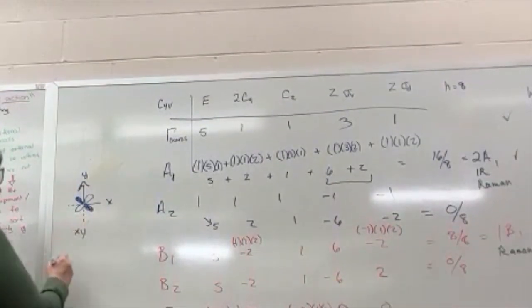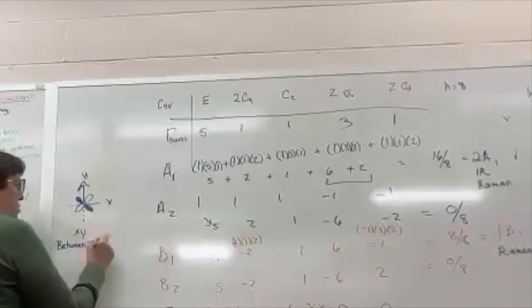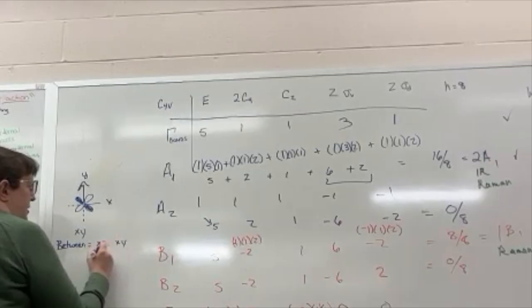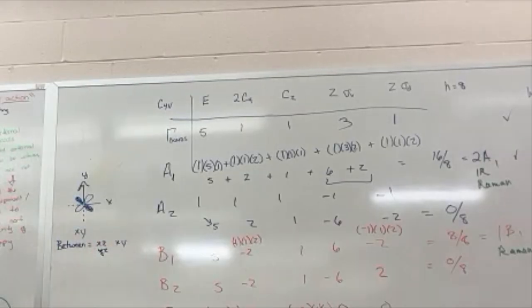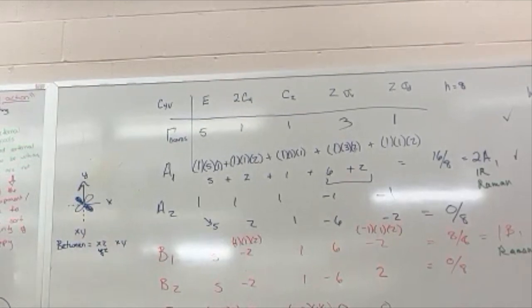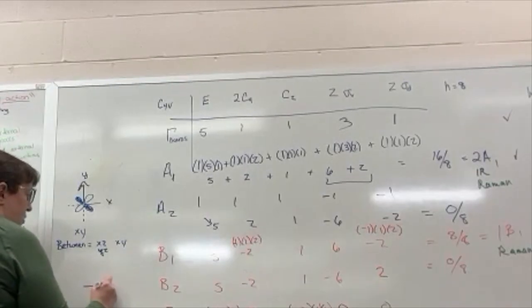Okay, so between the axes equals x, z, x, y, and y, z. Those three. In the next chapter, we're going to talk about those being triply degenerate. They all look the same and they're all between the axes, and so they're all going to behave the same when we start making molecular orbitals. Okay, now also looking down the x and the y.